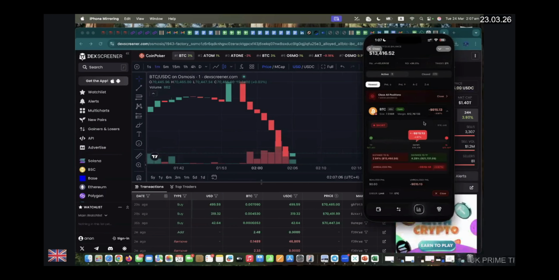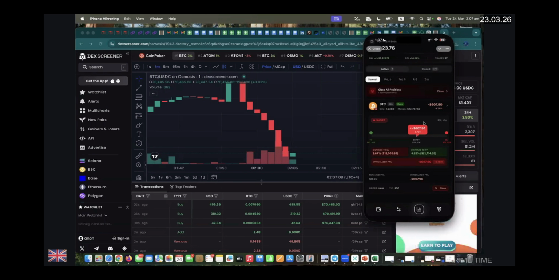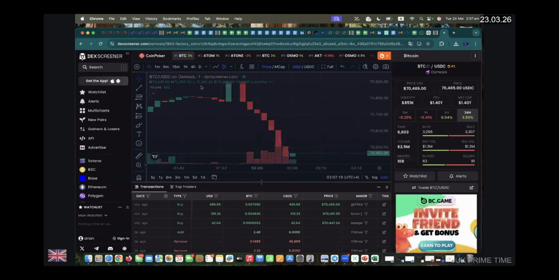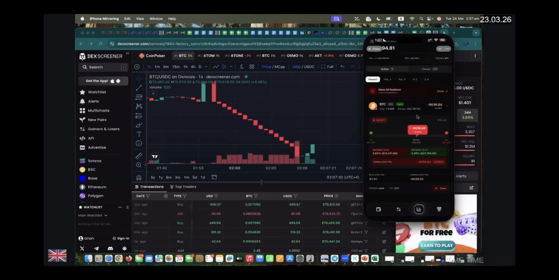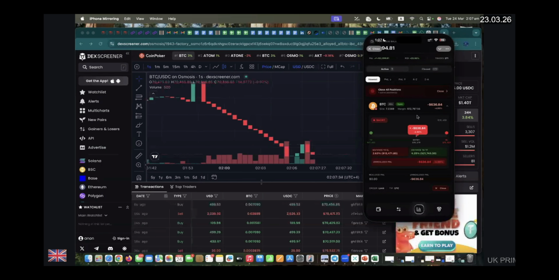Now $615 loss. See, 607. Let's go with 1 second candle only. Okay, come on. Go red. 636. Okay, so our goal is to now see it even with no profit, no loss, and close the trade.